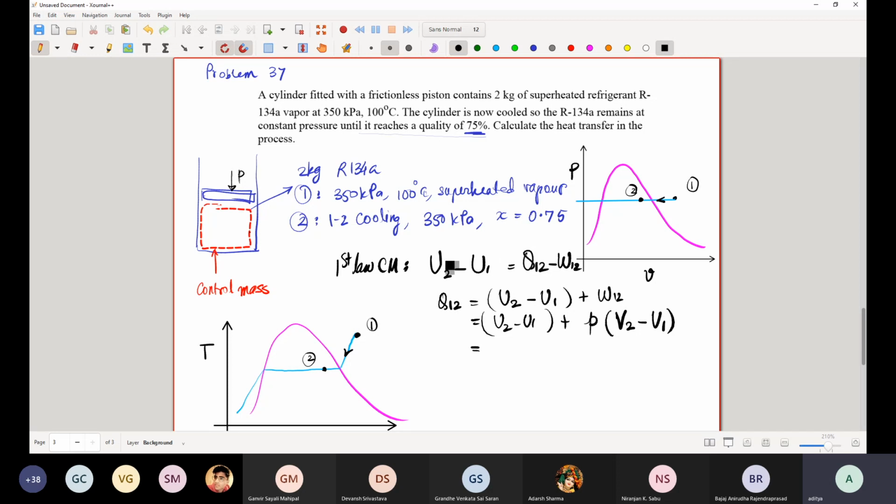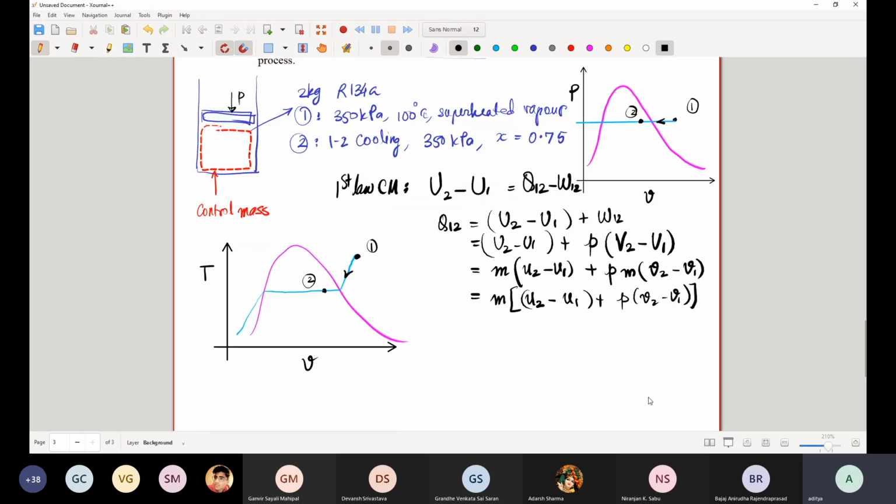This is only the internal energy. So I can write this as mass times the specific internal energy difference plus pressure times mass times the specific volume difference. Essentially, it is m times (u2 minus u1) plus P times m times (v2 minus v1). Okay, this is what it is.